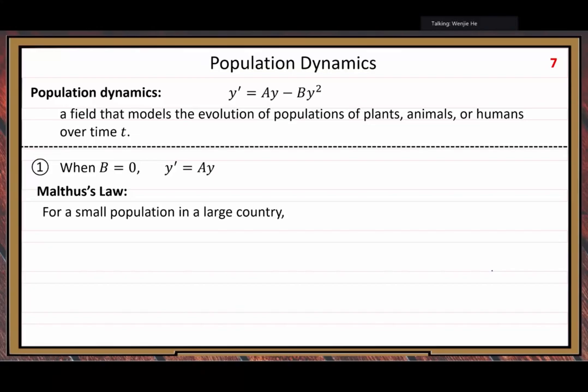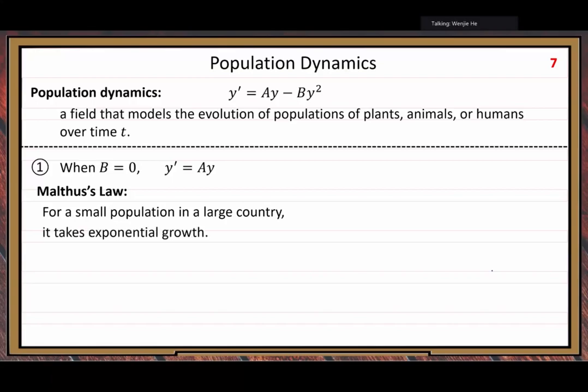But this law is only good for a small population in a large country. There is a restricting condition: small population, in a large area. That means under this condition, the population keeps growing without any stopping factor, non-stop growing.